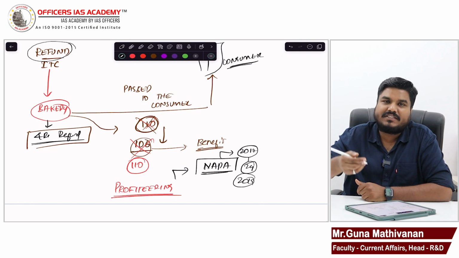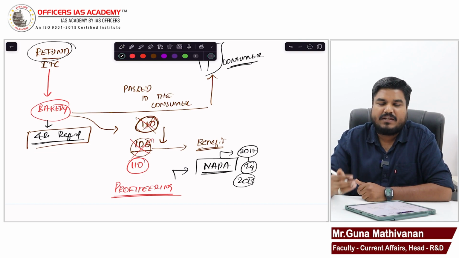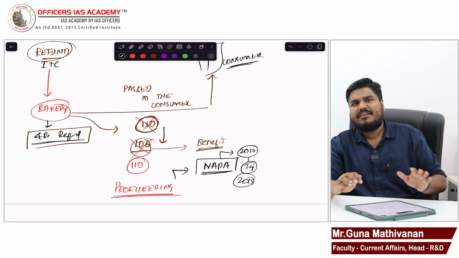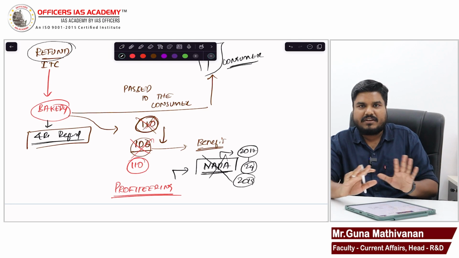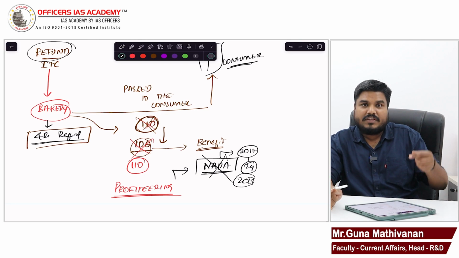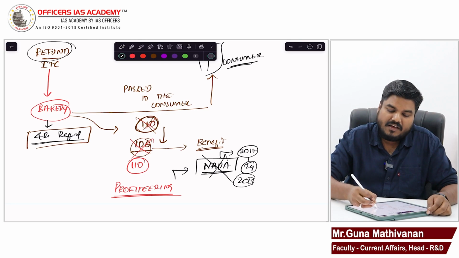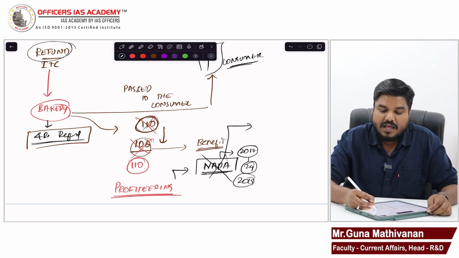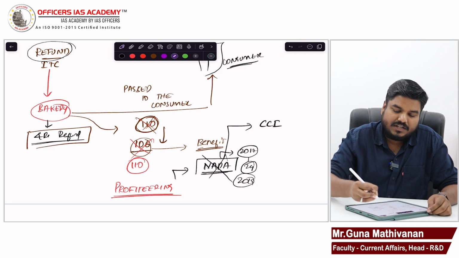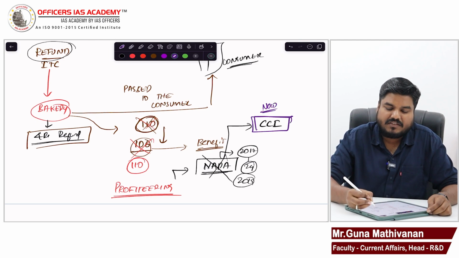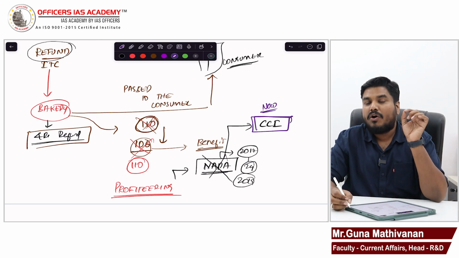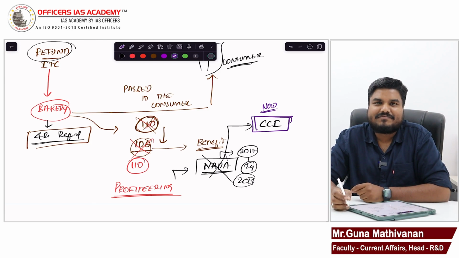One more extension was given till 21. Then after that, the government scrapped NAPA. Now we do not have NAPA. The role of the Anti-Profiteering Authority will now be done by the Competition Commission of India.